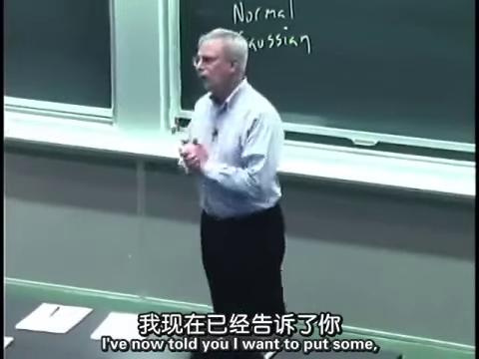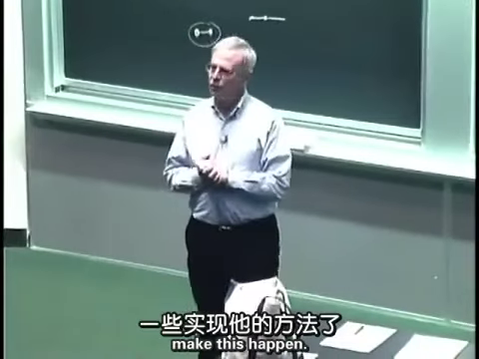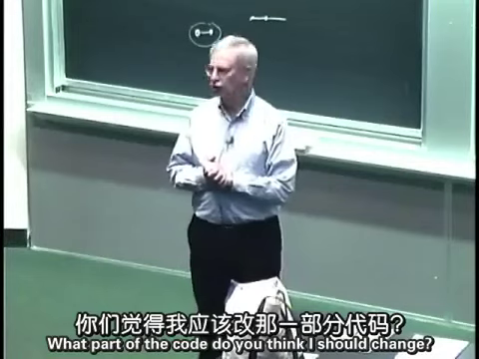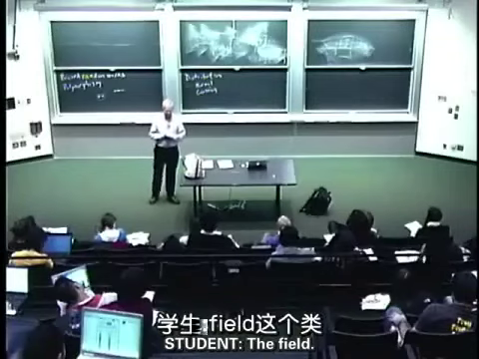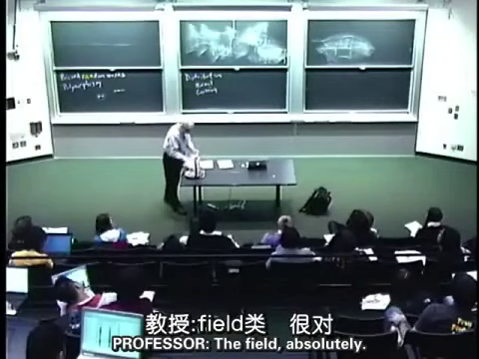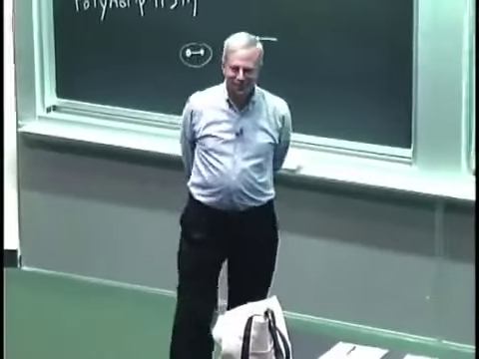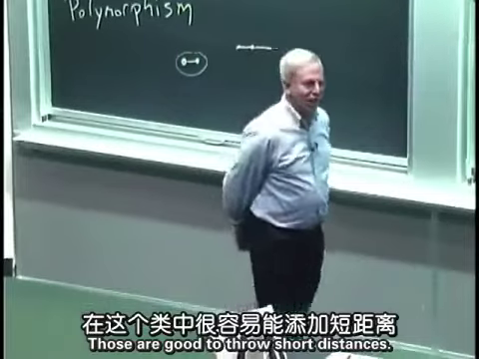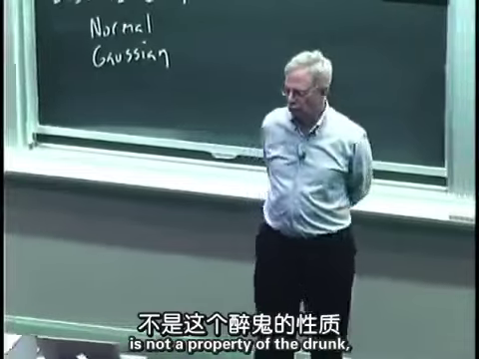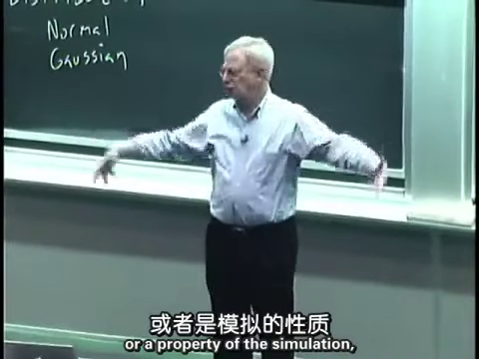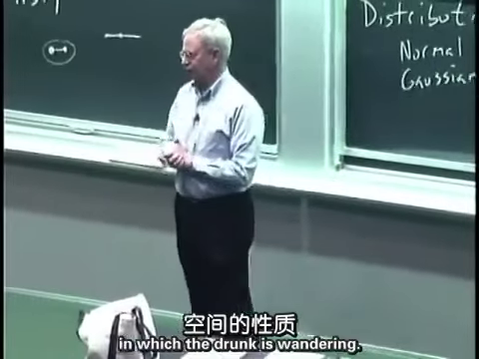All right. I've now told you I want to make this happen. What part of the code do you think I should change? Somebody? The field. Absolutely. The field, right? Because what we're talking about here is not a property of the drunk or a property of the simulation, but a property of the space in which the drunk is wandering.